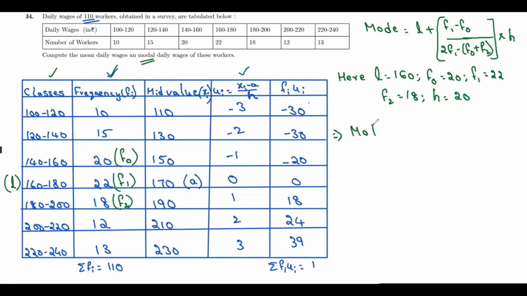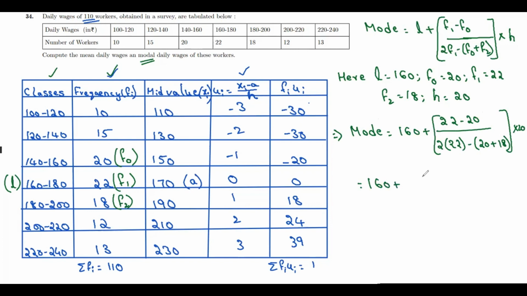Now, mode is equal to L plus (F1 minus F naught) by (2 F1 minus F naught plus F2) into h. So 160 plus 22 minus 20 is 2 over 44 minus 20 plus 18, together 38, times 20.